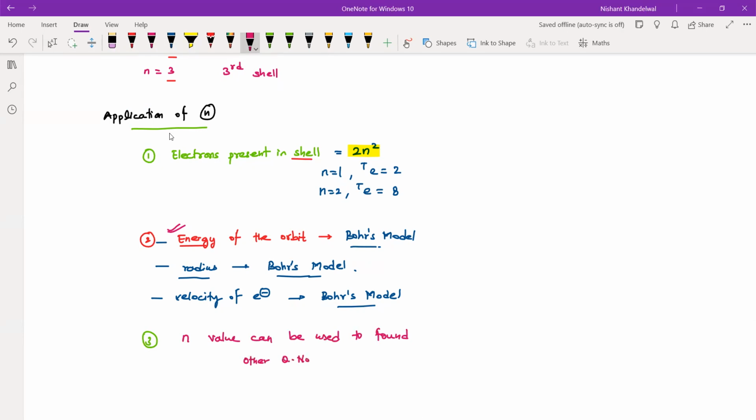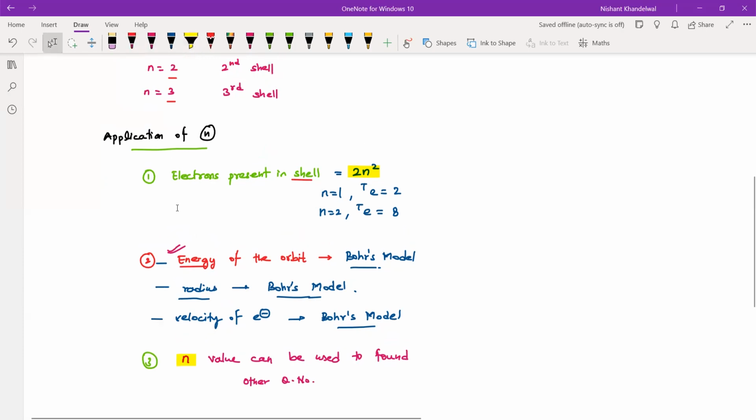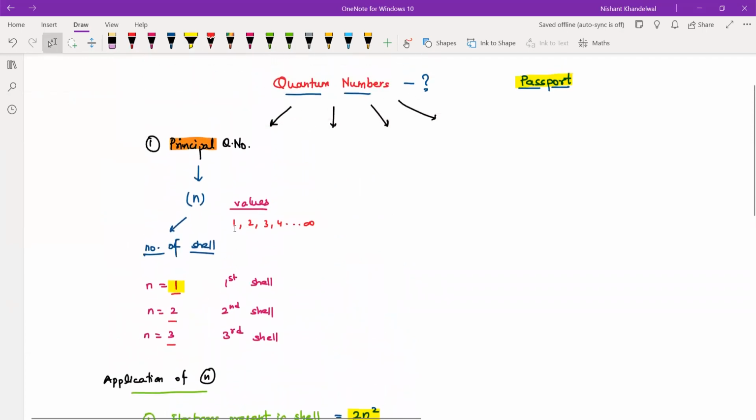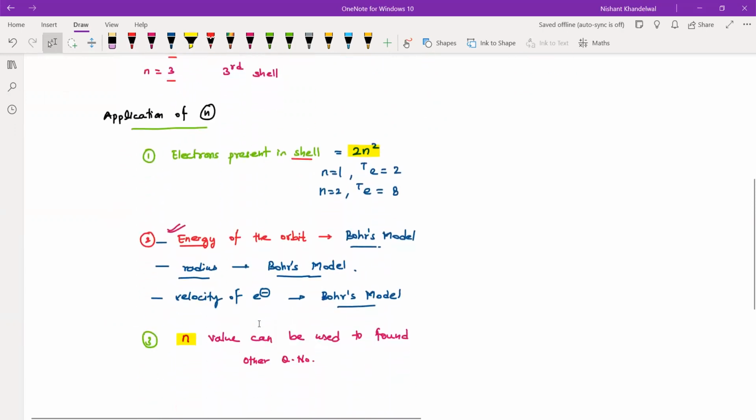The remaining quantum numbers, which we have not discussed yet, can also be found by knowing the value of n. That's why n is a very important quantum number, and it is known as the principal quantum number. Basically, n defines the number of the shell. I hope you have understood this. Any doubt regarding this?